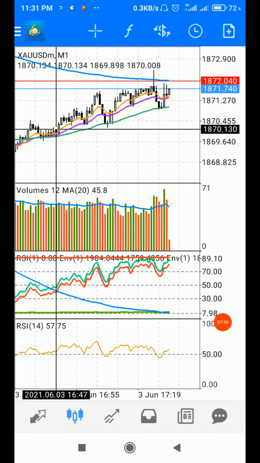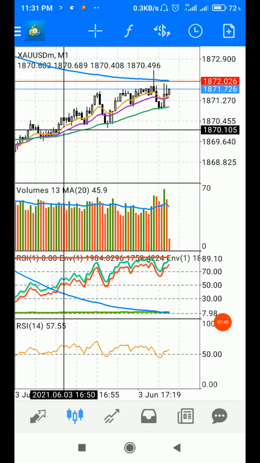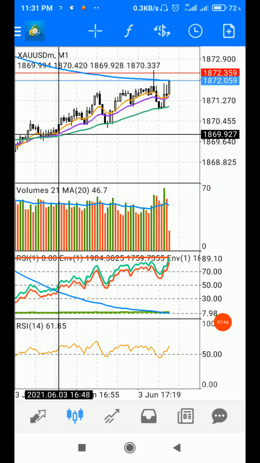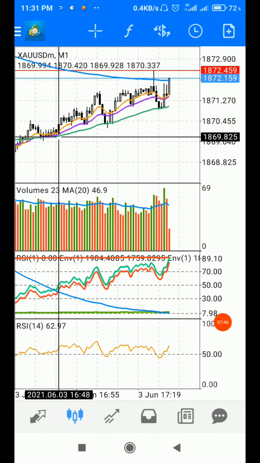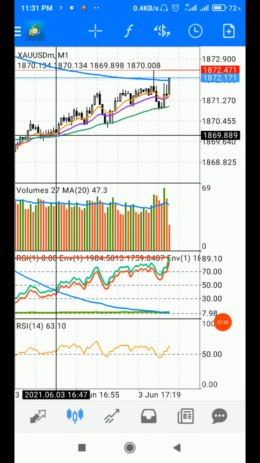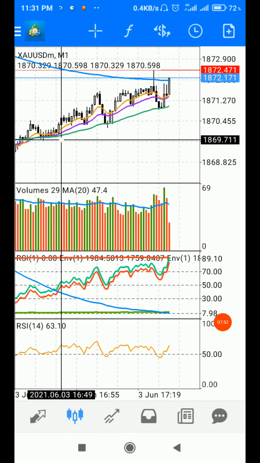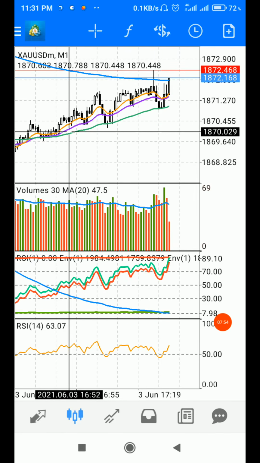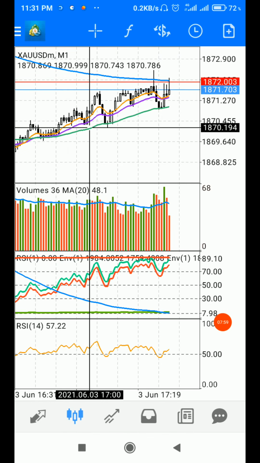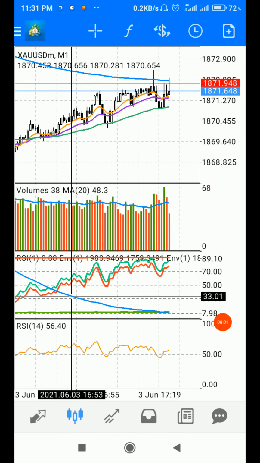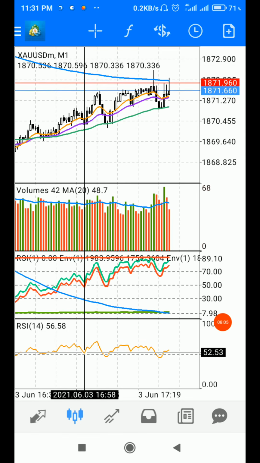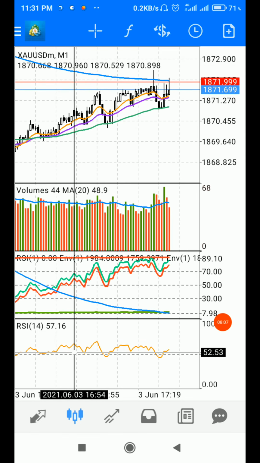So this is a low. So this low to this low is a higher low. This low to this low is a higher low, and from this low to this low is a lower low.